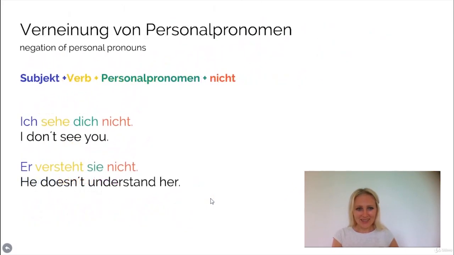So, the next slide, here we have negation of personal pronouns, Verneinung von Personalpronomen. Whenever we are negating personal pronouns, the structure is as follows. The subject comes first, the verb, the personal pronoun, and then nicht. Just something that I wanted to say. You learned in one of the chapters how to structure main clauses, and I hope you remember that it's possible to put an indication of time or place at the beginning of a sentence, right?